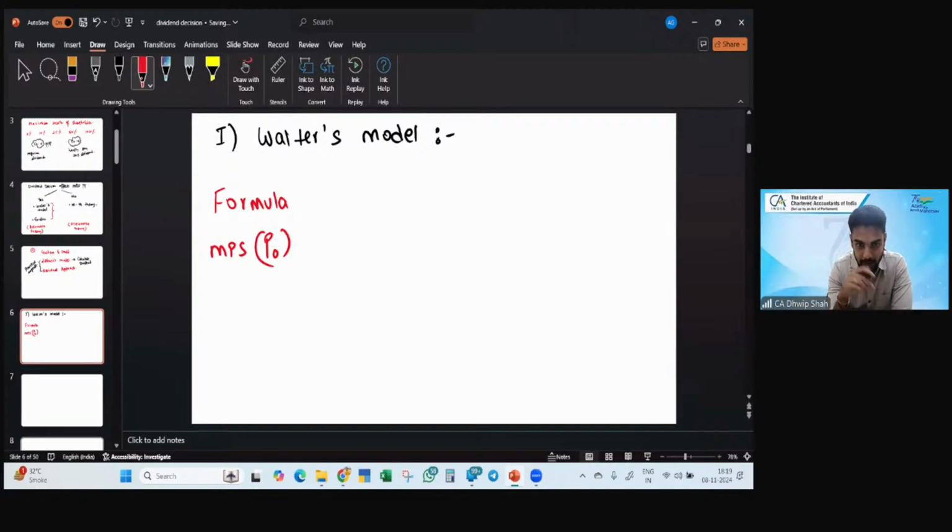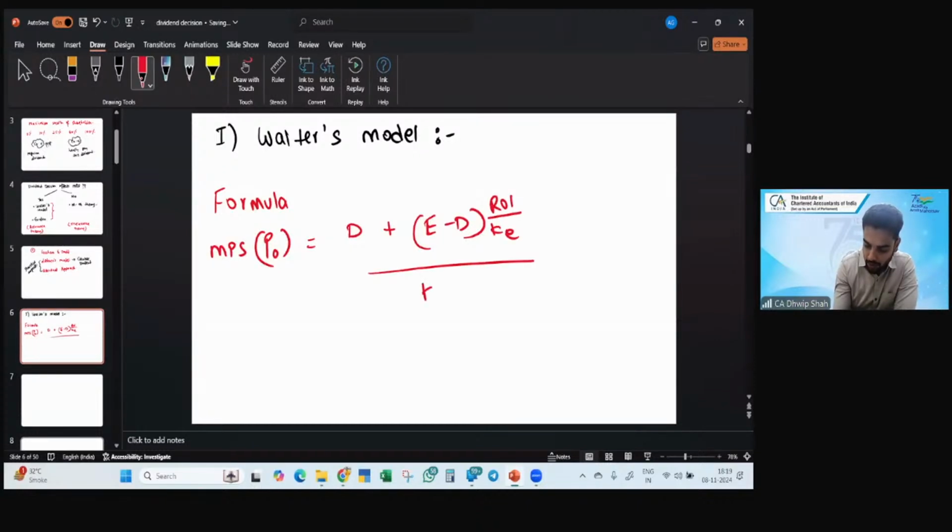Price at today's point, at 0 point, is denoted by P0. P0 is nothing but D plus (E minus D) multiplied by ROI upon KE, the whole upon KE. KE is nothing but cost of equity.